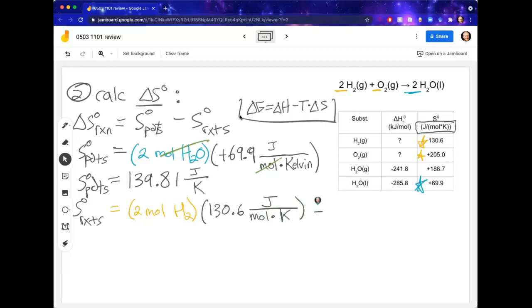And we're going to have to add to that another term coming from the oxygen, 1 mole of O2. And now the value in the table is 205.0 joules per mole Kelvin.